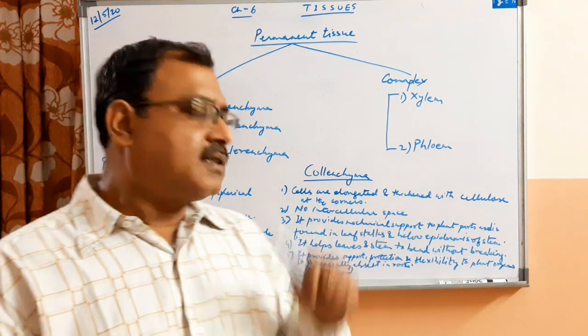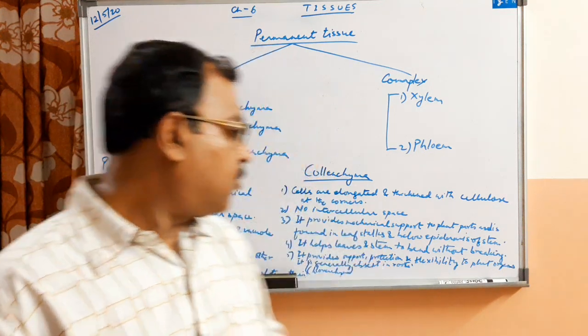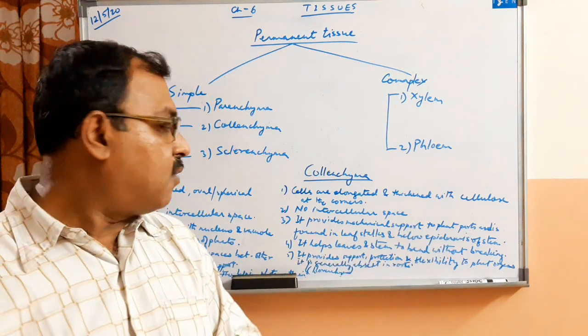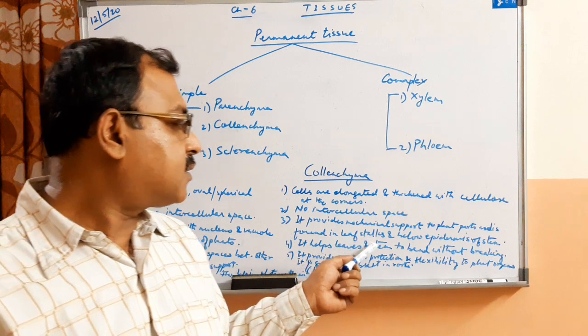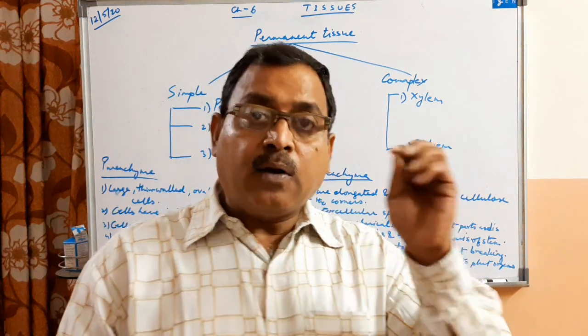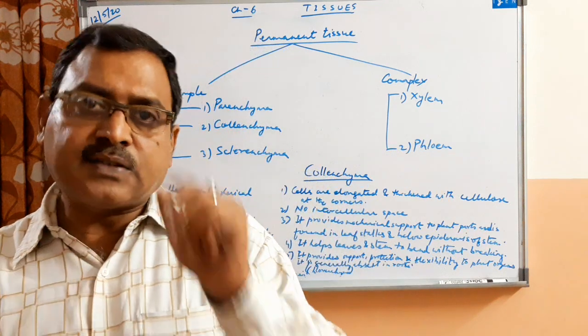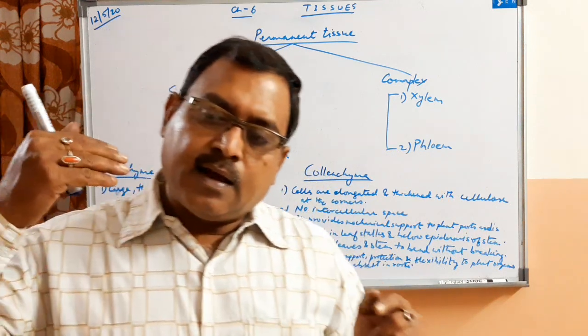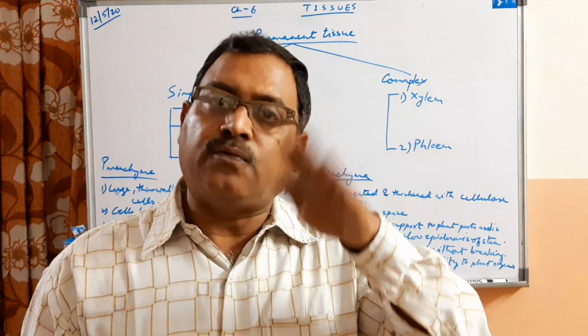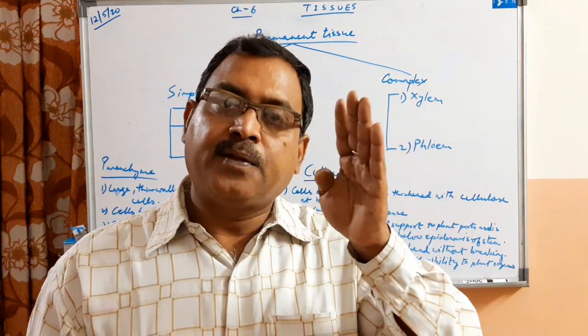It provides mechanical support to plant parts, and it is found in leaf stalks and below the epidermis of stem. Now you must have seen that in leaf stalk, whenever a gentle wind blows, the leaves move, right?